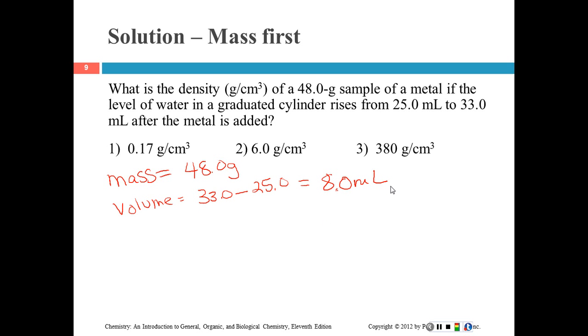All right, but the big deal is we know now that D equals M over V, and it can be M in grams and V in milliliters.